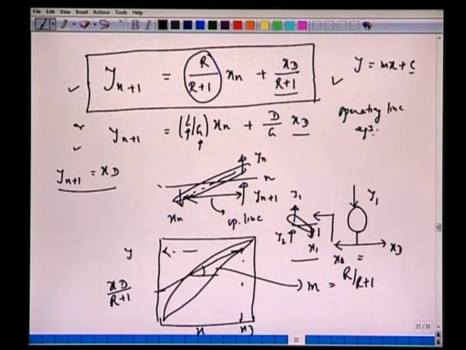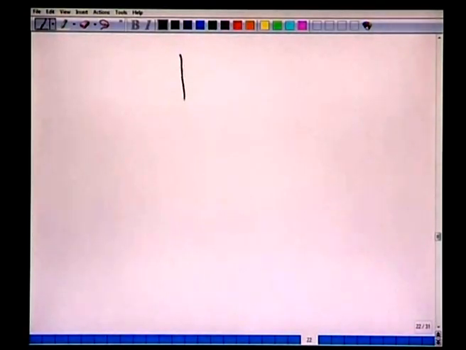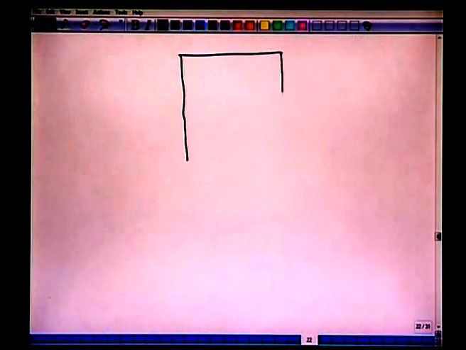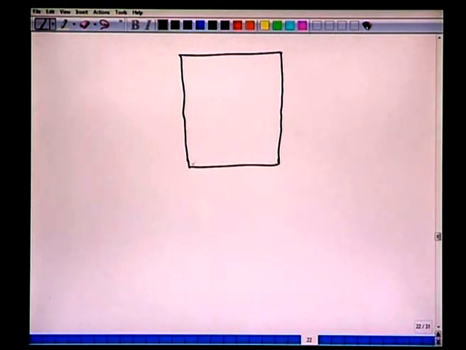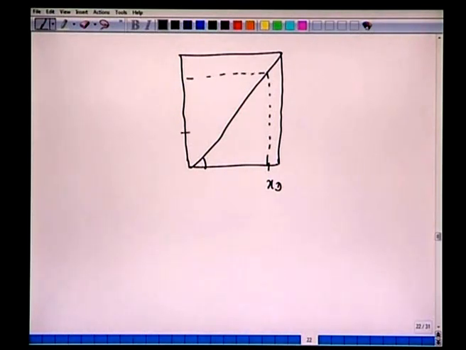In other words, you can take an intercept, or you can take a slope here. When it intersects the 45-degree line, the coordinates will be the same as x_D. So it's your convenience how you draw this. Generally when you draw this yx diagram, instead of taking the slope here, it's more convenient to start from x_D, take this point on the 45-degree line where y equals x, mark the slope R over R plus 1, same as L over G, and connect with the intercept.